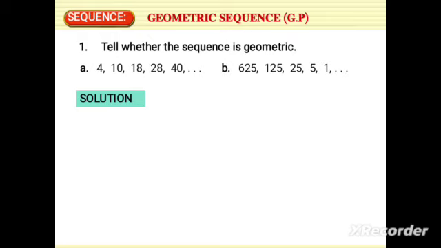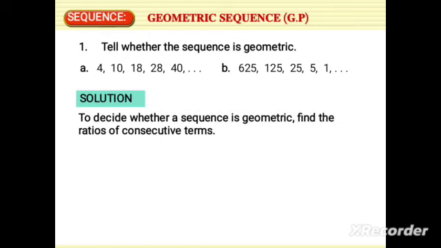Remember, the common ratio should be constant. That is what will tell if it is a geometric sequence or not. If the common ratio is constant, then it is a geometric sequence. If it is not, then it is not a geometric sequence.